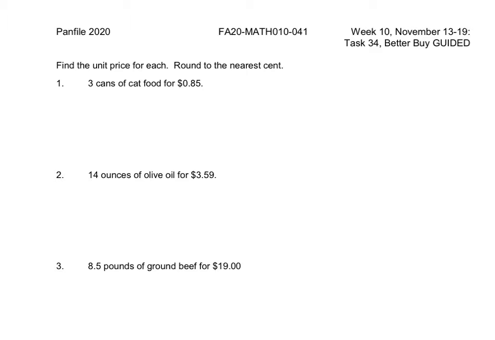So in the last video, we found unit rates, so we found rates per unit. But here we're going to push it a little bit farther and we're going to find prices. So this is where you go into a store and you say, okay, do we want to go with the smaller one or the bigger one, and maybe why?